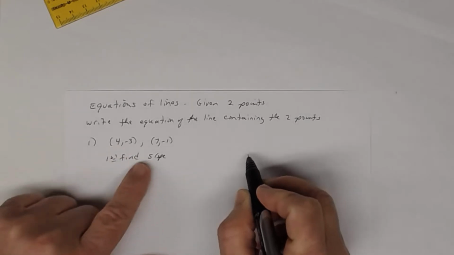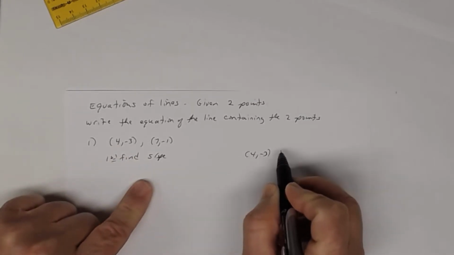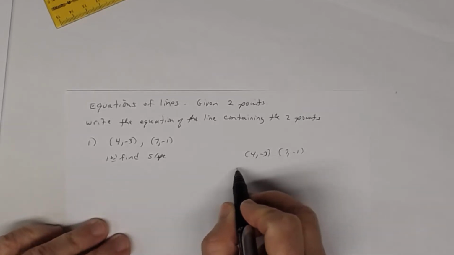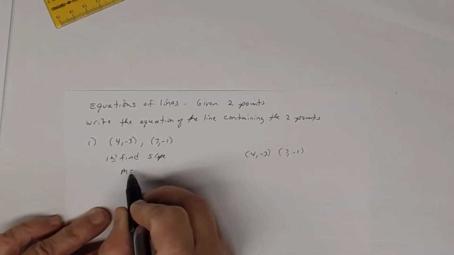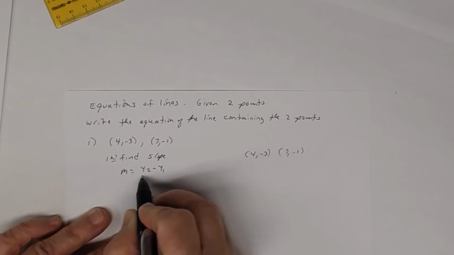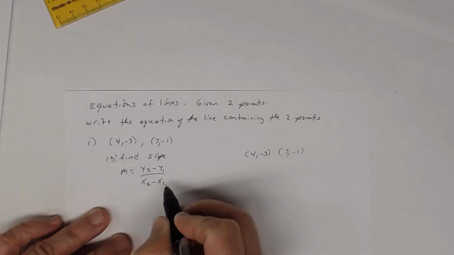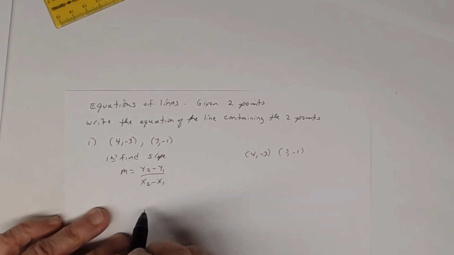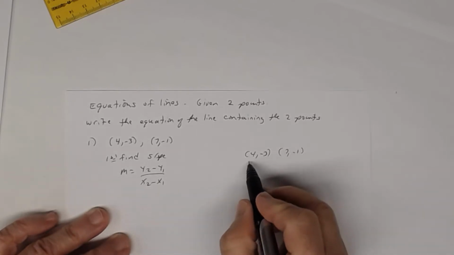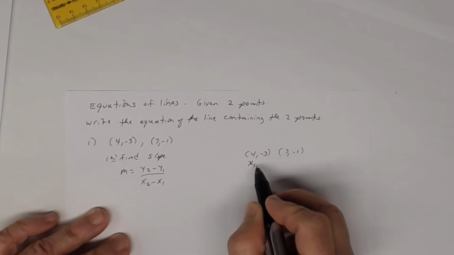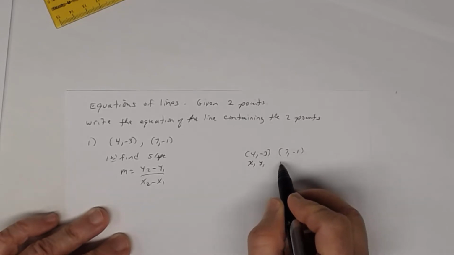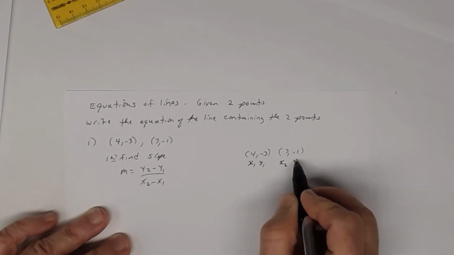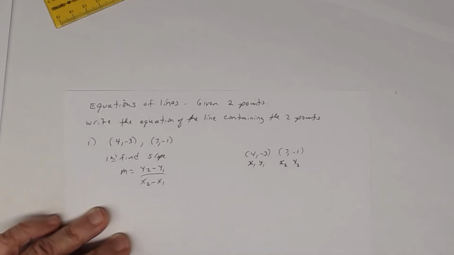I'm going to go ahead and rewrite this right here. To find the slope, remember the slope formula is y2 minus y1 divided by x2 minus x1. And remember, if you start with y2, you have to start with x2. So the order matters. And it helps to label these. So let's call this the first point, x1, y1. And then 7 is the x coordinate of the second point, and -1 is the y coordinate of the second point.